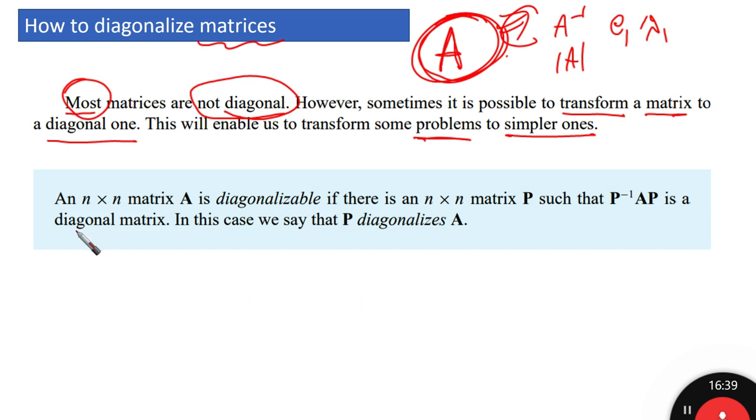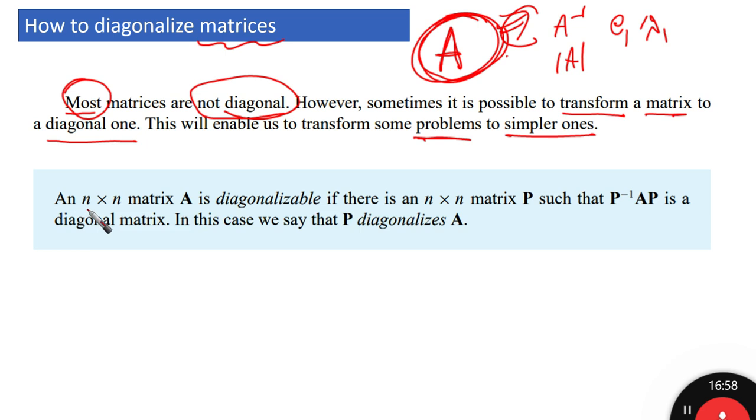So it is important to know whether or not the matrix can be transformed to a diagonal matrix. Now let's put here the definition for how to tell whether a matrix is diagonalizable or not, that is, can be transformed to be a diagonal matrix.